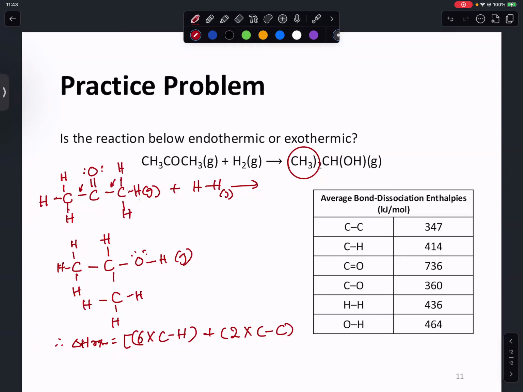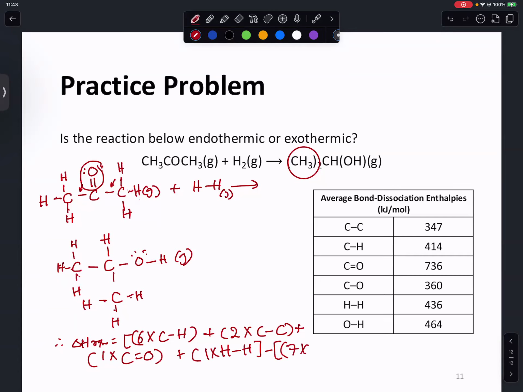And again, the values are given to you. Plus 1 times C double bond O. Okay. Plus 1 times the hydrogen-hydrogen bond, minus, now let's see, in my product, I have 7 CH bonds. So 1, 2, 3, 4, 5, 6, 7.